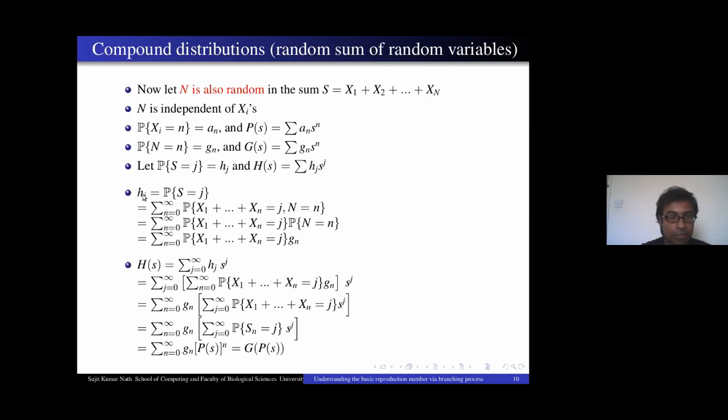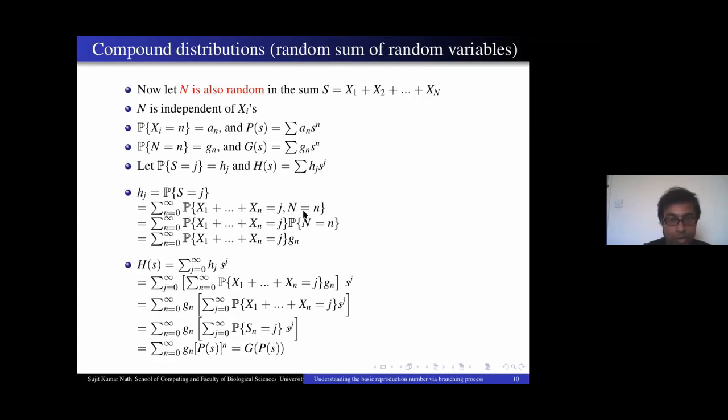So if h_j is the probability that S equal to j, then we are going to evaluate what the value of h_j should be. This probability of S equal to j can be divided into a sum of probabilities. When capital N equals n, then we need to sum n random variables, but I don't know whether capital N will be n or not, so it is a random variable.